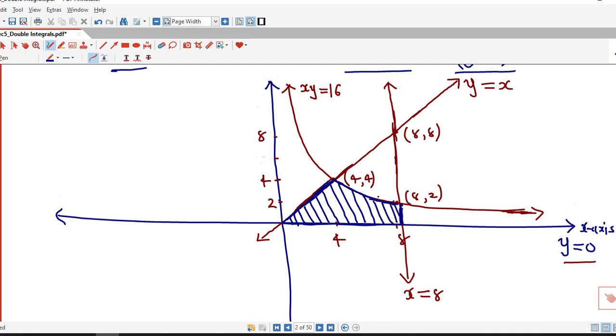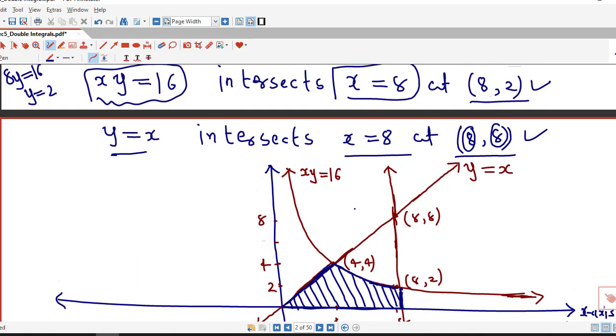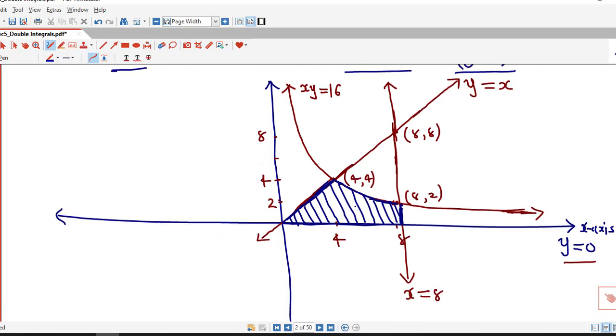So now we have to decide whether we will integrate first with respect to y or with respect to x. Now if you observe the region of integration, this is our region of integration as shown in this figure.